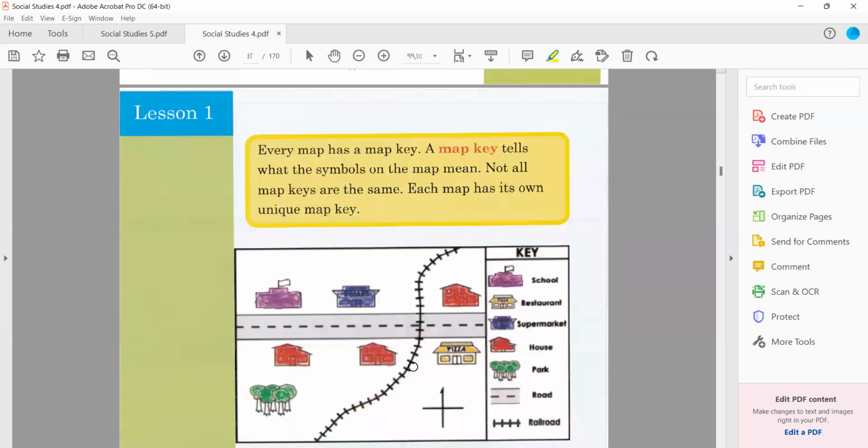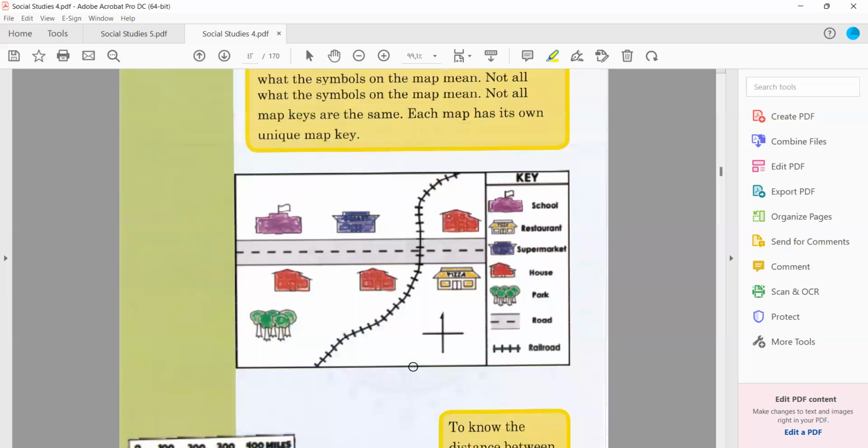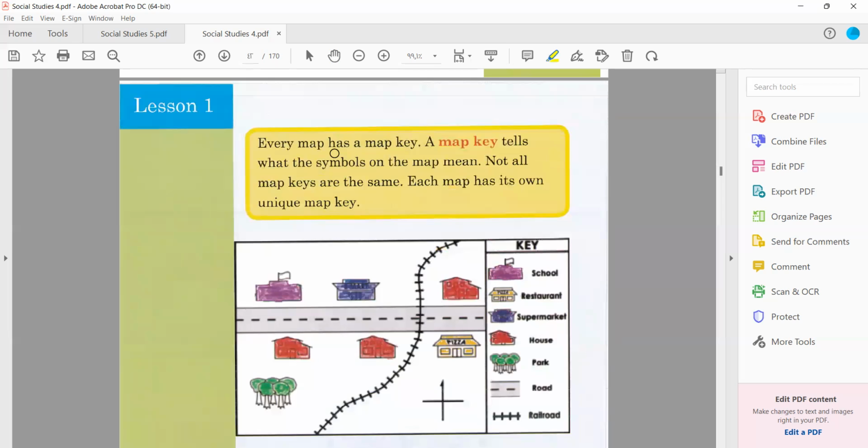Moving to the next page, page 38. We have an example map here. Like you can see in the map, we have some buildings, we have roads, we have trees, but we need to understand what these symbols refer to.